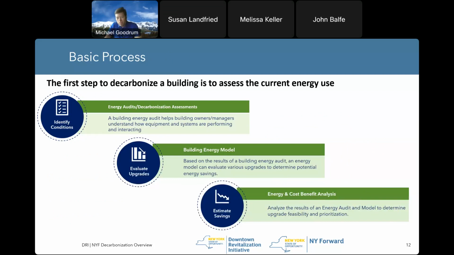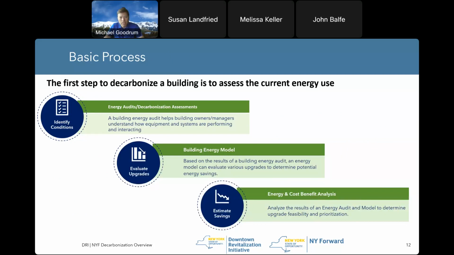Now, with a building project and looking at decarbonization, especially for existing buildings, your first step is understanding how that building is using energy now, and that can really start with an energy audit or a decarbonization assessment to help identify the conditions and the systems in the building and how it's using energy.